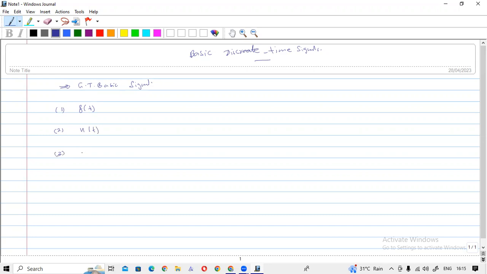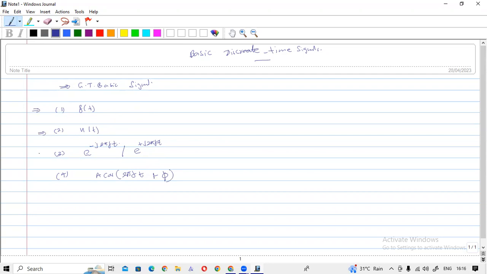The third one is the complex exponential, e^(-j2πft), e^(+j2πft), and the sinusoidal, which I'm only referring to as cos(2πft + θ). So we have learned these four basic signals.